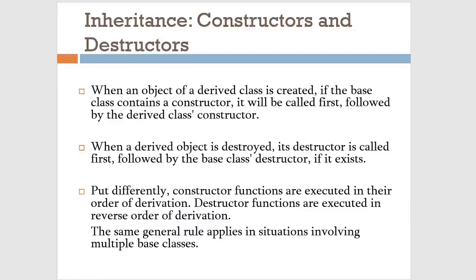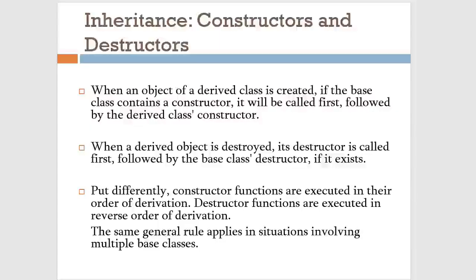So first, understand these two points. When an object of a derived class is created, if the base class contains a constructor, it will be called first, followed by the derived class constructor. That means when you create an object, a constructor function is automatically called. In this case, first the base constructor function will be called, followed by the derived class constructor.